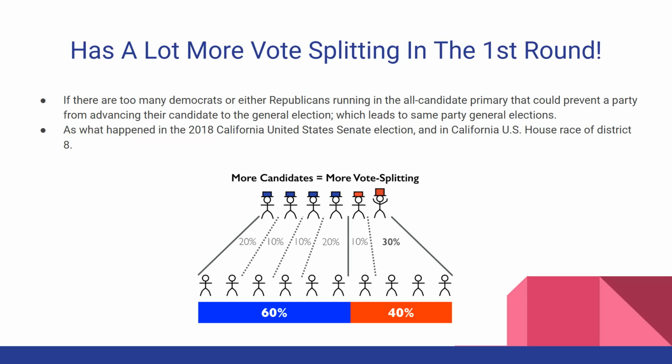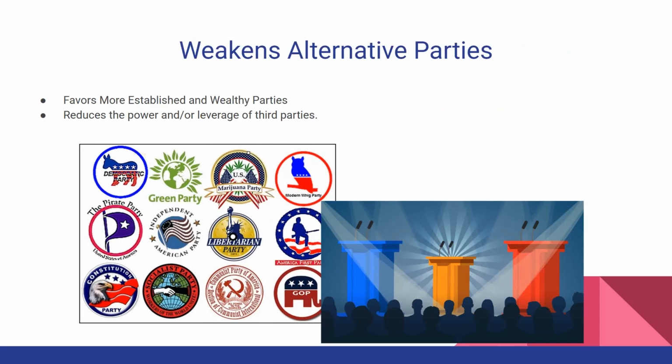And because of that, top 2 also weakens alternative parties. It weakens third parties and minority parties. It reduces their power and leverage, because like it or not, it makes it harder for third parties to actually gain traction. It makes it harder for them to form and build up a voter base.